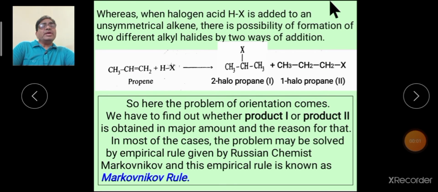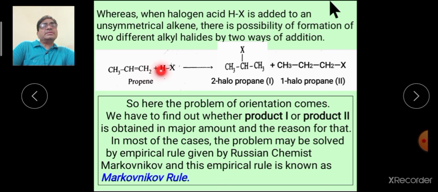Whereas when halogen acid is added to an unsymmetrical alkene, there is a possibility of formation of 2 different alkyl halides by 2 ways of addition. This is an alkene molecule.